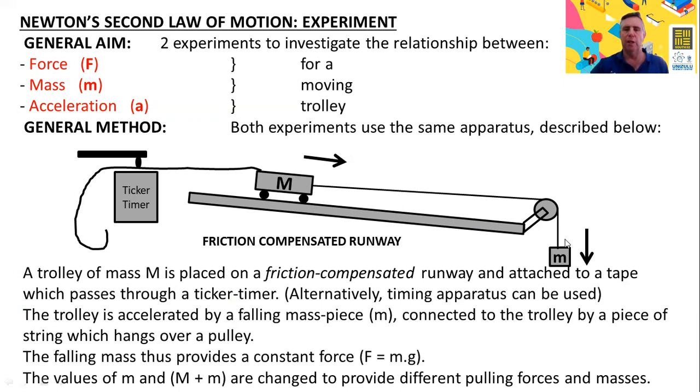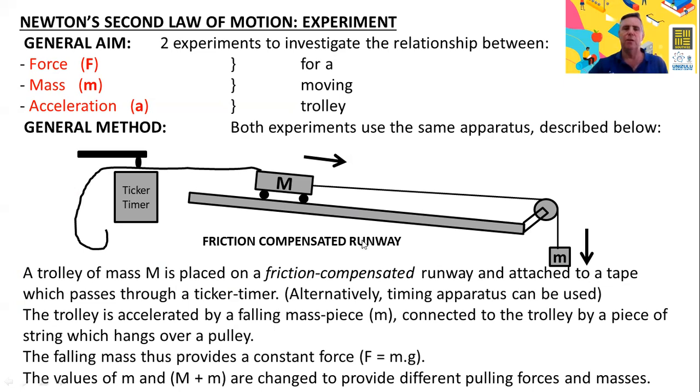The trolley is accelerated by a falling mass piece. As it falls down under the influence of gravity, it's connected by a piece of string over a pulley, and as it falls down, it accelerates the trolley to the right. As we've said, this is a much better method than trying to use stretched rubber bands. So it provides a constant force, and the force is just the mass in kilograms times g, the acceleration of gravity.